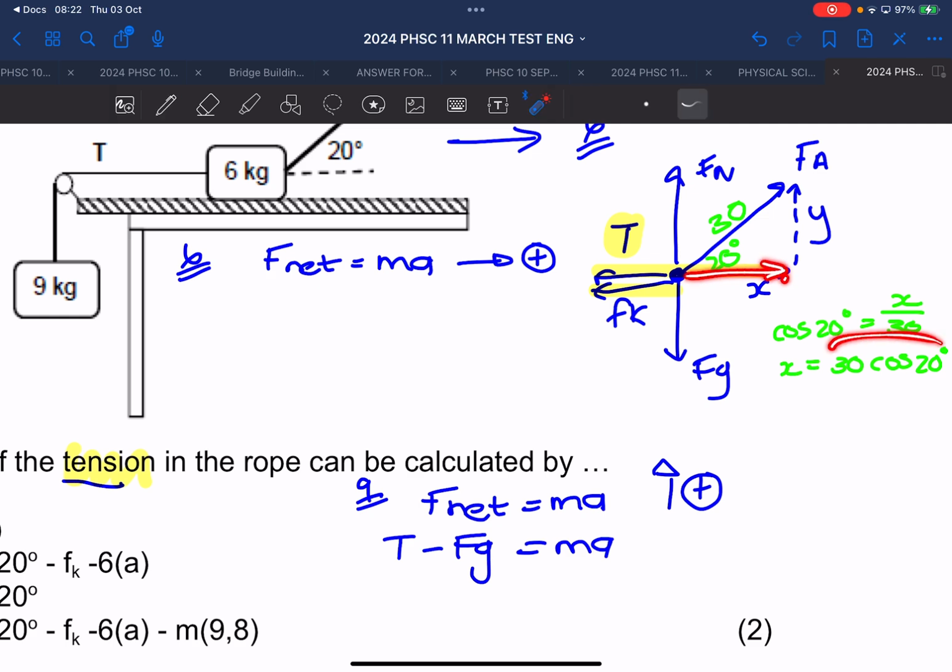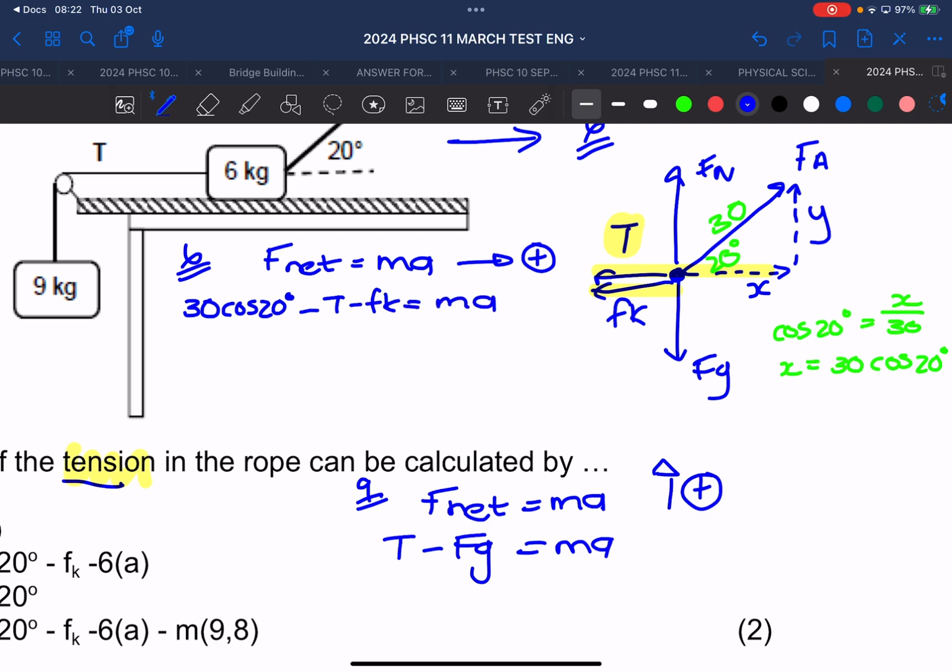So it's the thing to the right, there's x, 30 cos 20 degrees, minus the things to the left. So 30 cos 20 minus T minus fk is equal to m times a. Which mass am I looking at? I'm looking at the 6 kilograms, so it is equal to 6 times a.